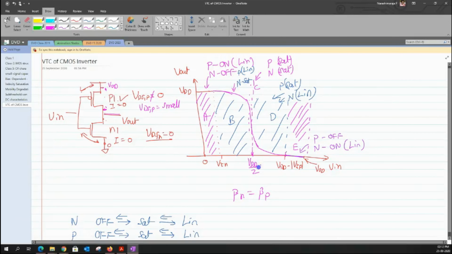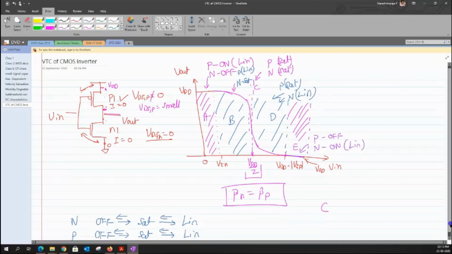But region C will fall only at this particular zone. This is under the assumption that the value of beta N is equal to beta P. Otherwise, the value where C sits, for the input condition that we have here, may shift towards the left or towards the right. We'll talk about it in the coming session. But as far as the C point is concerned, C is just a single point or a single input condition. There is no range of input, okay?